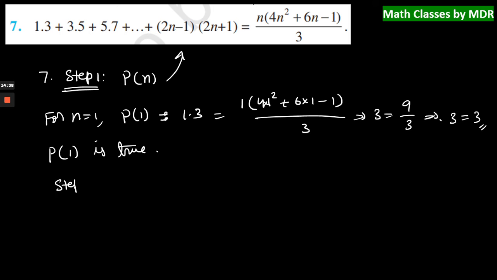Now let's take step 2. What is step 2? Assume that P of k is true. And what is P of k?